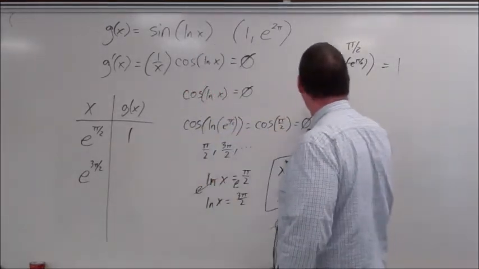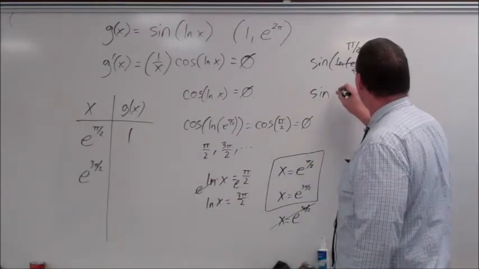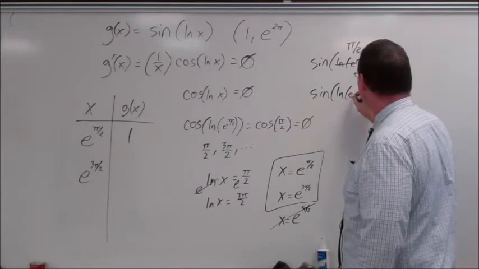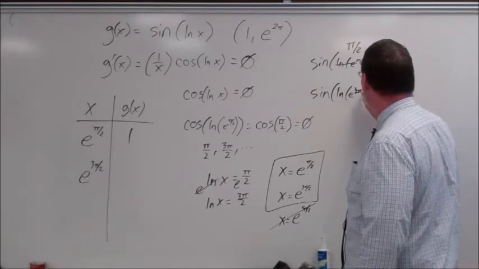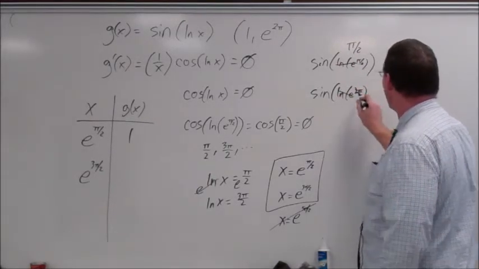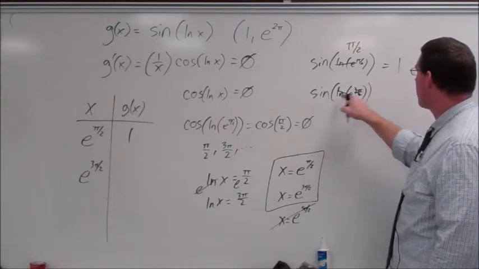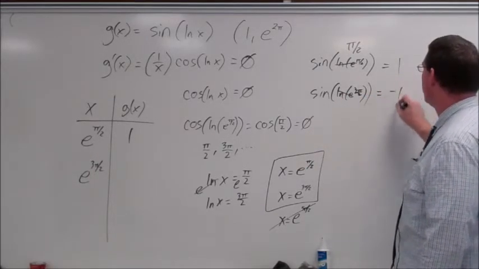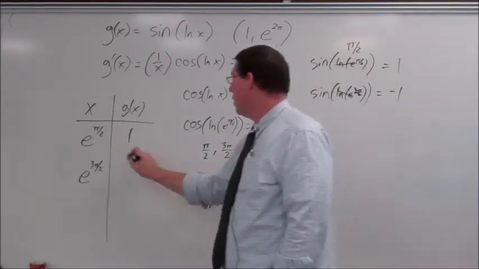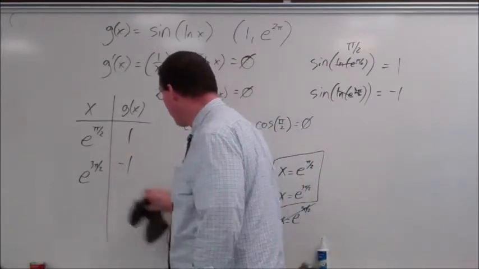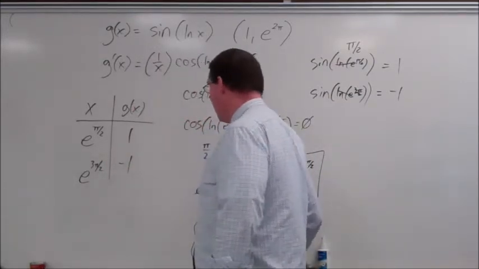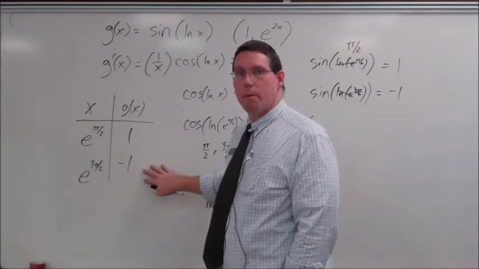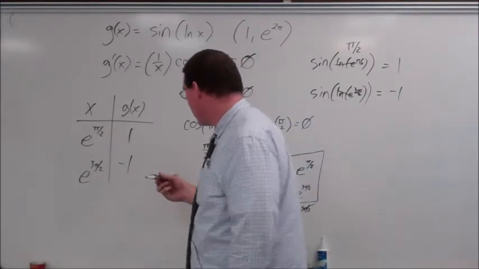Now we're going to do sine of the natural log of e to the 3 pi over 2. Natural log and e cancel, and we now have sine of 3 pi over 2, which is negative 1, and these are our maximums and minimums. Okay? Now, here's the thing.